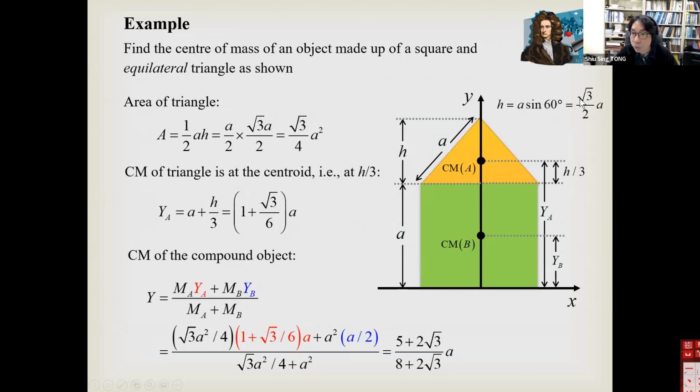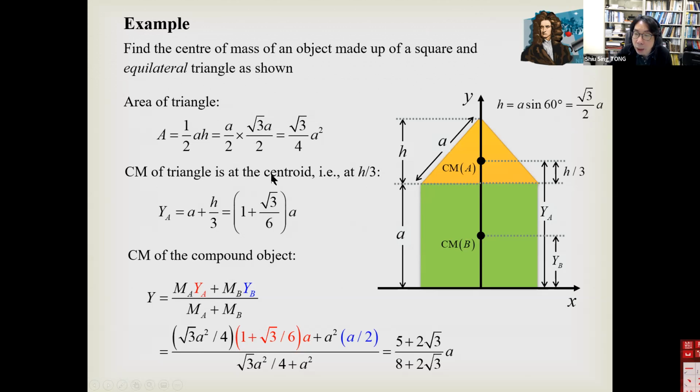Sine 60 degrees is square root 3 over 2, so the height is square root 3 over 2 A. For the area of the triangle, I have 1/2 multiplied by the base, which is A, multiplied by the height of the triangle. So we put back H equal to square root 3 A over 2, and we get the area, square root 3 over 4 A squared.